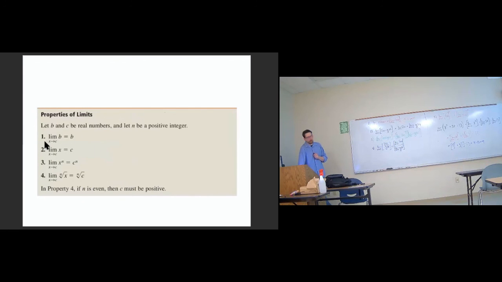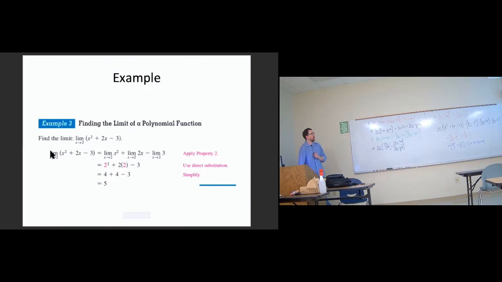Direct substitution is this rule right here, number 2, for the second property. And the reason why you can apply direct substitution is because of this 5th rule and this 1st rule. Is everybody cool with that?